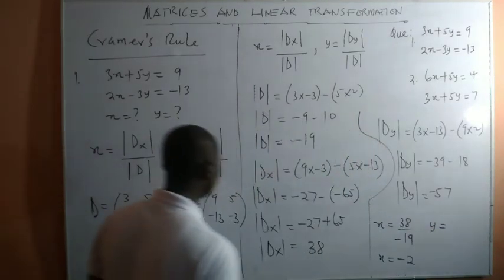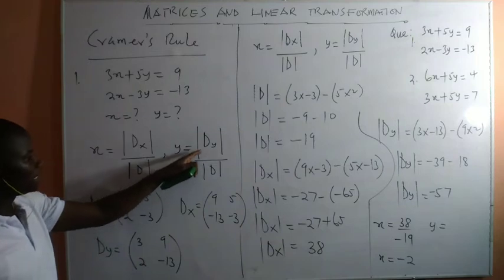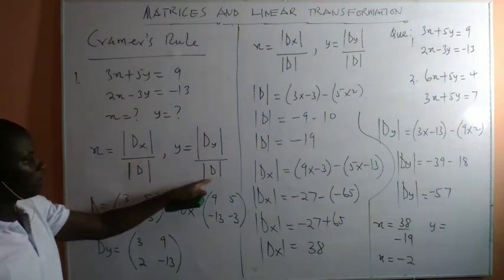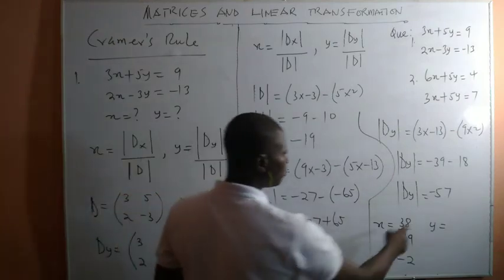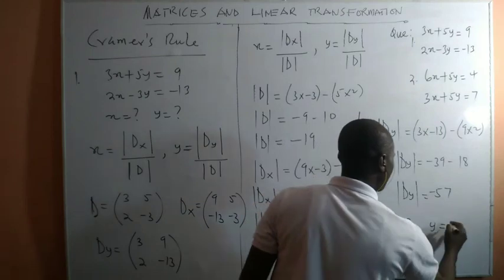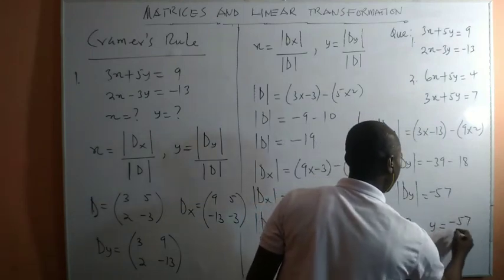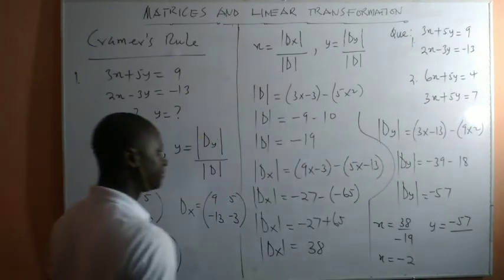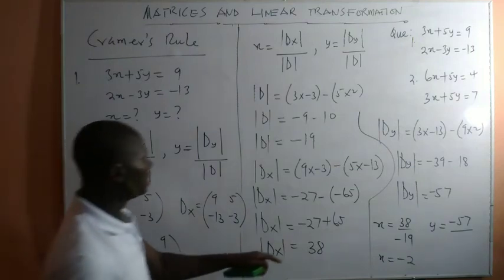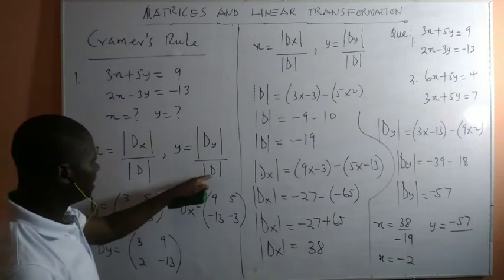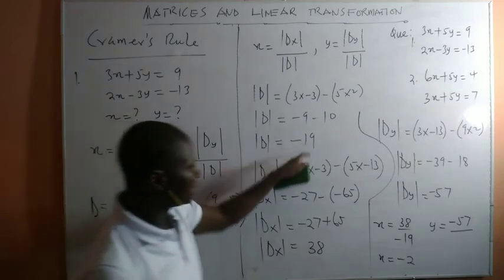For Y, rather. Y will also be equal to the determinant of the Y matrix divided by the determinant of the coefficient matrix. The determinant of the Y matrix gives us minus 57, divided by the determinant of the coefficient matrix, which is minus 19.